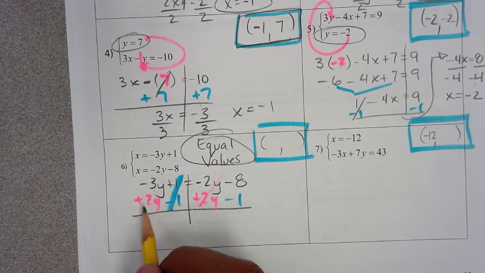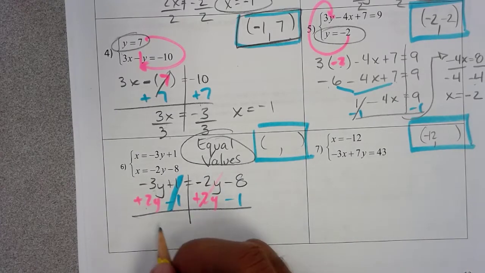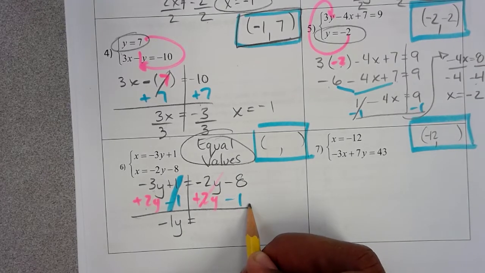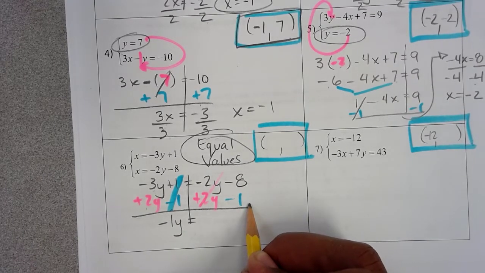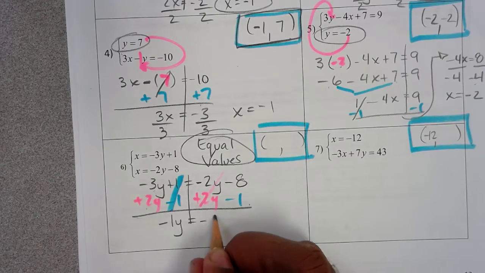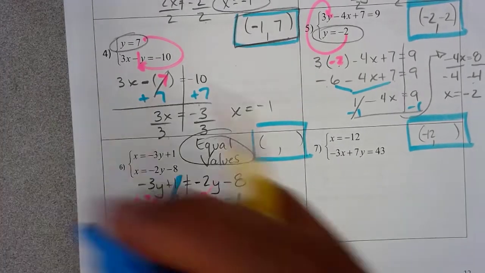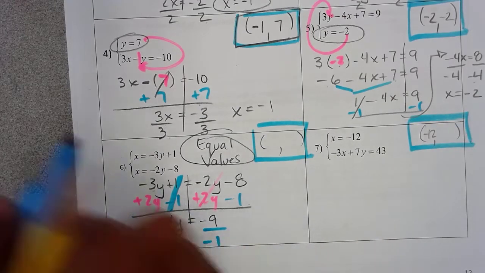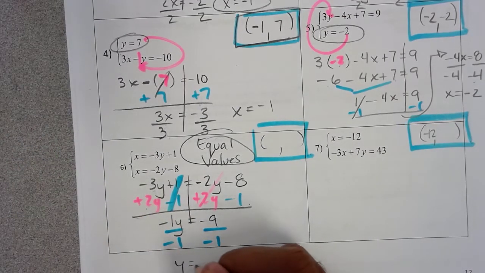So now 3y plus 2y, negative 1y, good. And then negative 8 minus 1, is that negative 9 or negative 7? Remember, add them up. Okay, and then the last step, divide by negative 1, y equals 9.